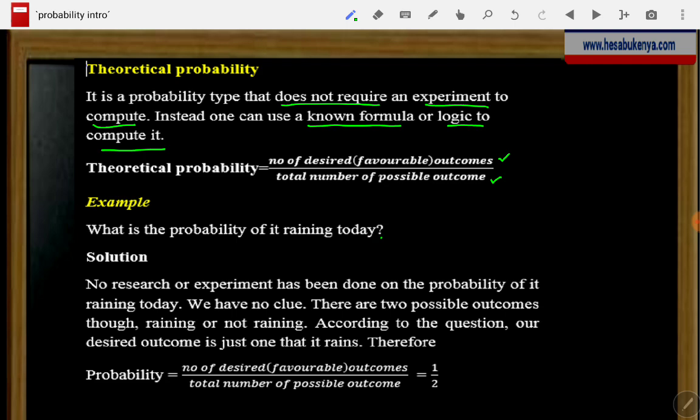According to the question, our desired outcome is just one, that it rains. Therefore, the probability will be given by number of desired outcomes, which is 1, over number of possible outcomes, which is 2. Therefore, the probability of it raining today is a half.